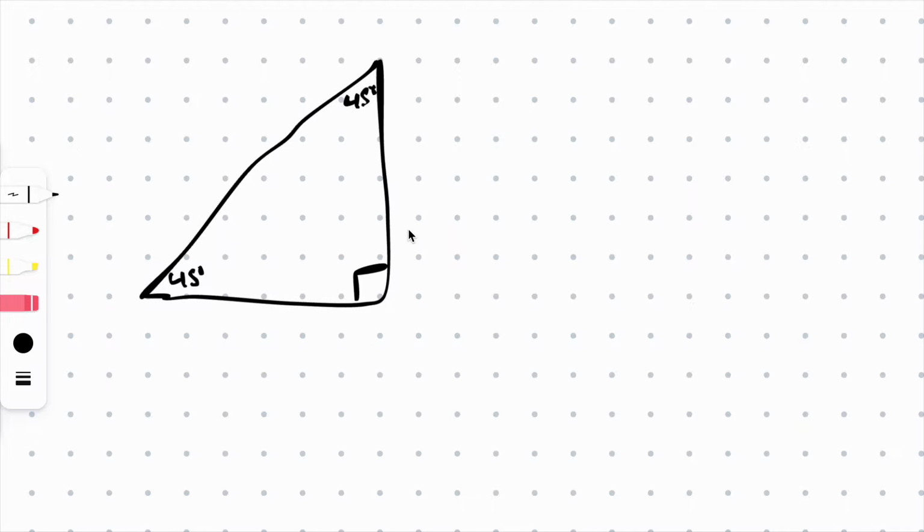You've maybe seen these types of triangles before, but these bases will be equal to each other. So I'm going to say those bases are equal to x, right? If the angles opposing these sides are equal, they're both 45, then those sides are going to be equal, okay?